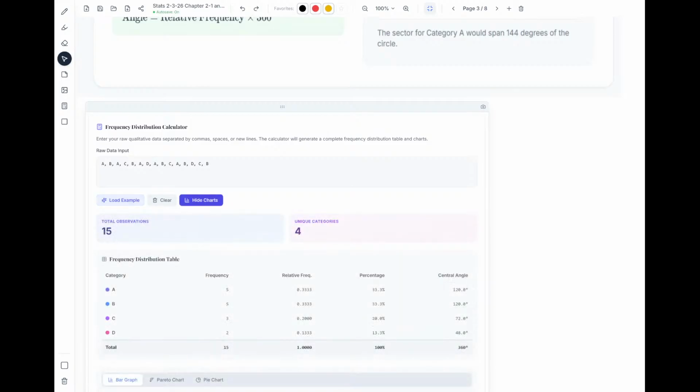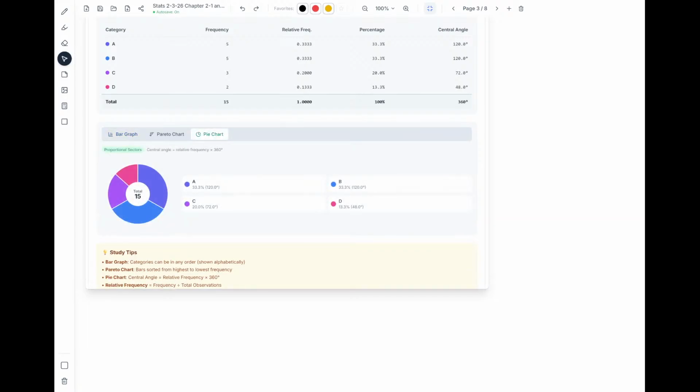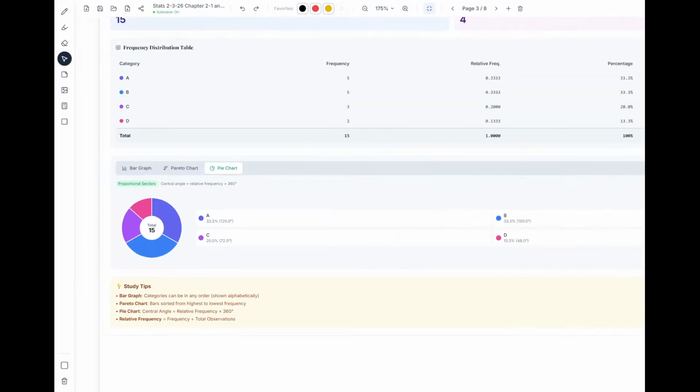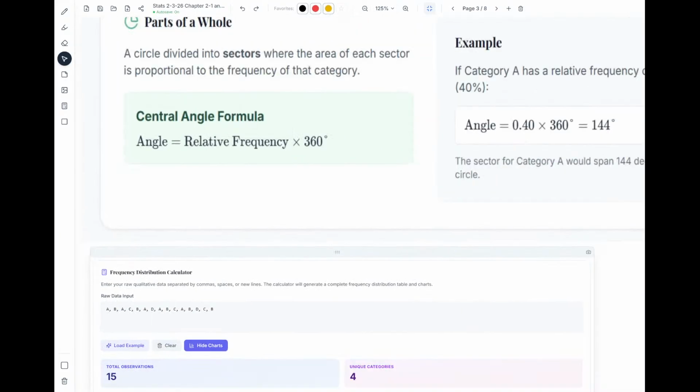So this is what a pie chart looks like. For a pie chart, you're going to take your percent, your relative frequency, and multiply it by 360 degrees.